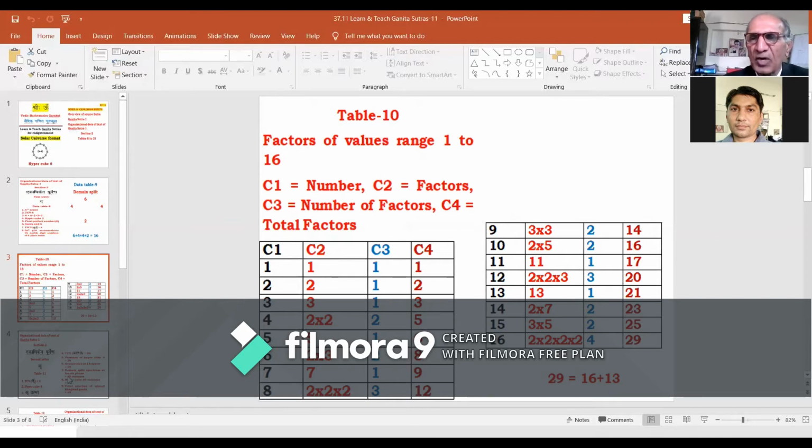In column 2 are the factors of the corresponding values. In column 3 are enlisted the number of factors of the specific values. And finally, in column 4 is the summation of the total values from value 1 to value 16, and it comes to be 29. And we know 29 is the number of factors of values range 1 to 16.